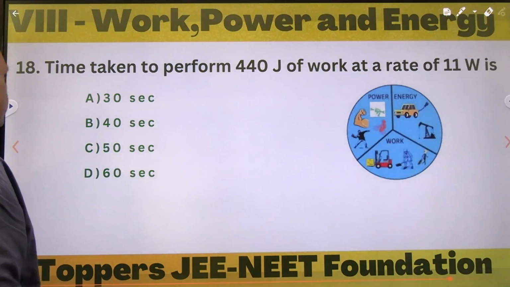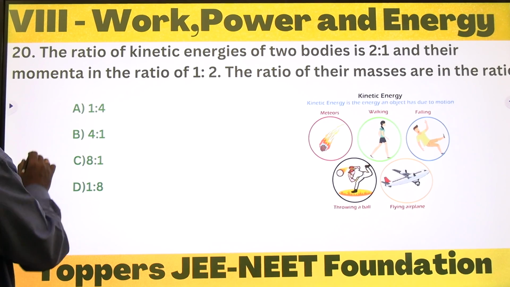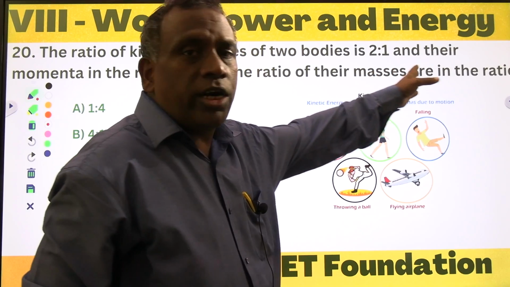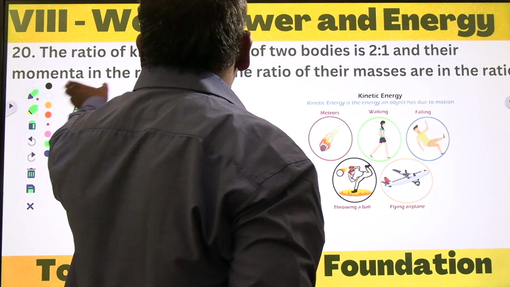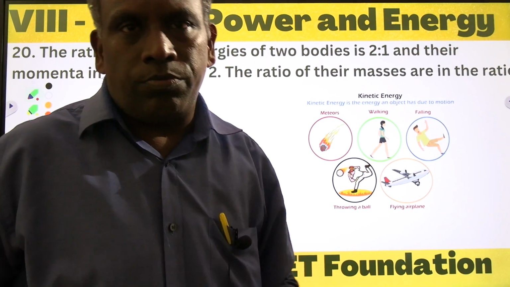So next, see the 20th question. The ratio of kinetic energy of the two bodies is 2:1 and their momentum ratio is 1:2. The ratio of their masses is in the ratio?